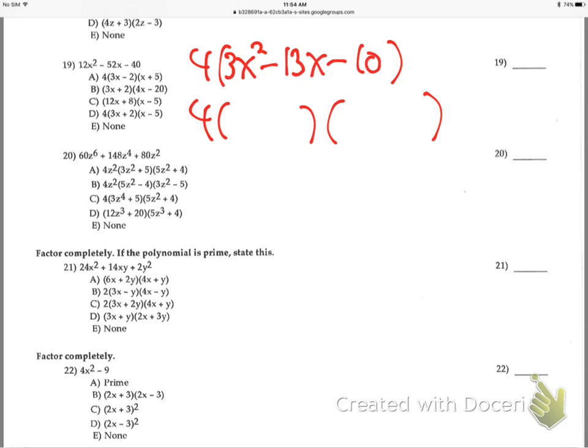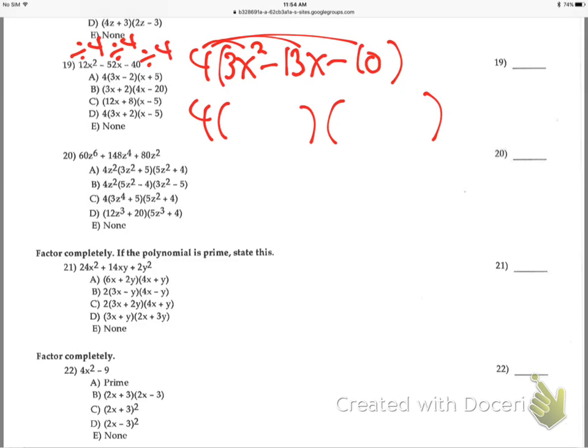How I'm getting those is I'm just dividing by 4. Because whenever you put a 4 in the front, that means you're dividing all the other numbers by that 4. In other words, that 4 could multiply back. That good?